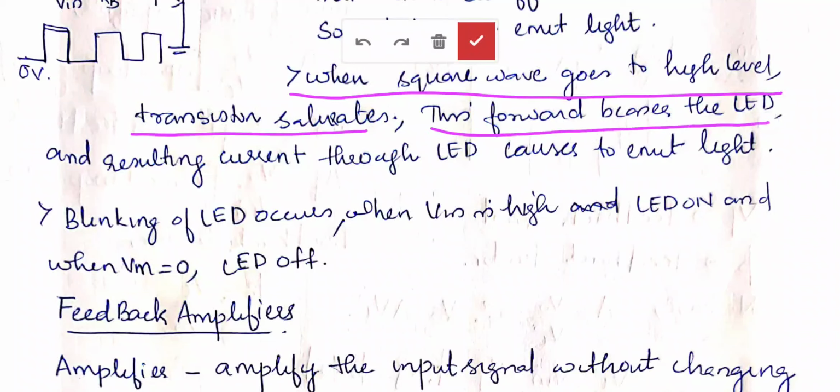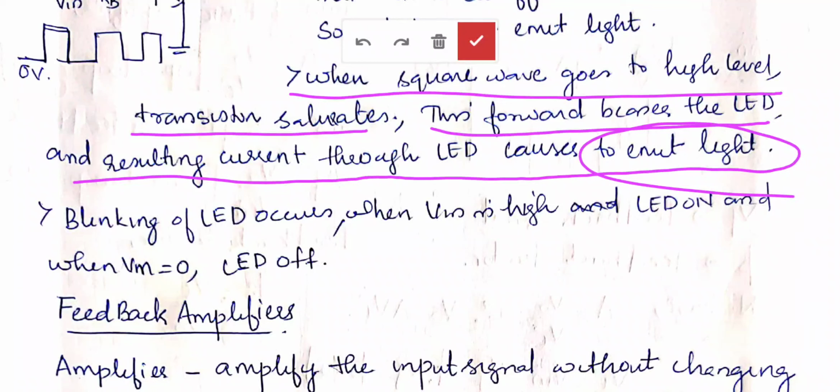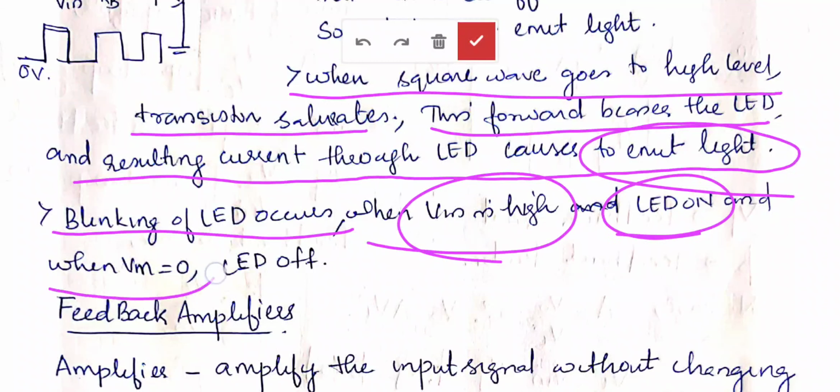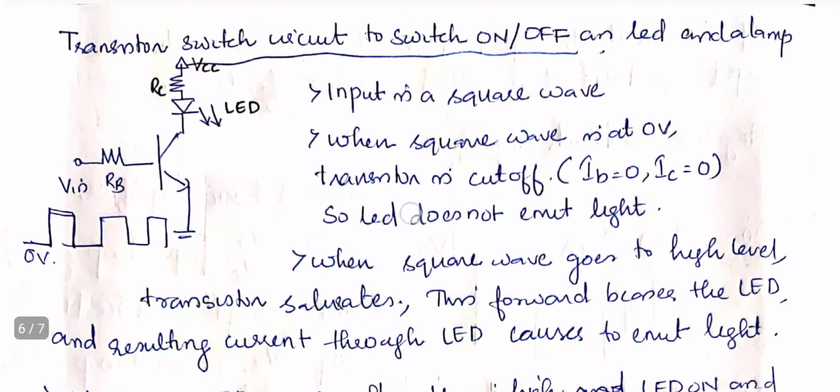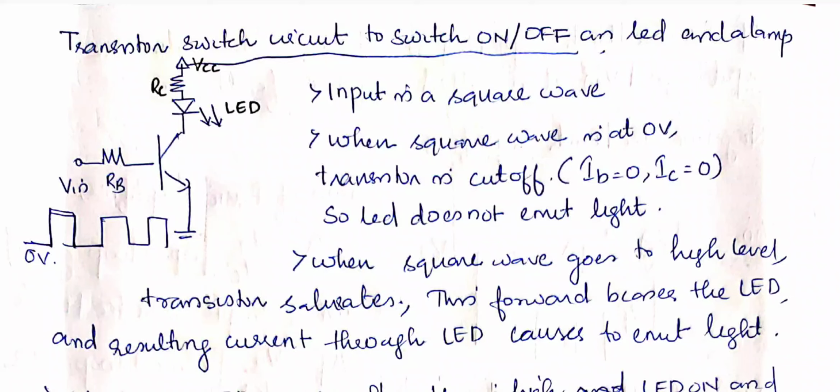This forward biases the LED, and the resulting current through the LED causes light to be emitted. So here blinking of the LED occurs. When Vin is high, the LED is on, and when Vin is equal to 0, the LED is off. So this is one important application of a switch, to turn on and off an LED lamp.